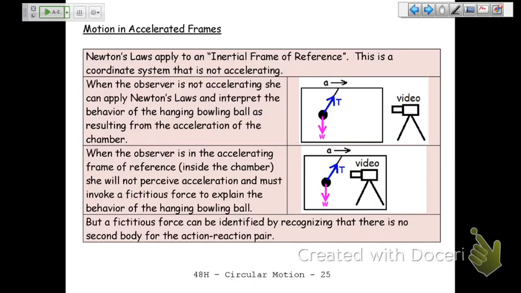You have no idea if that's due to an acceleration in that direction, or it's due to some magnetic force, or some gravitational force. I could just turn on a magnet if it's a metal ball and it would do that. When you're inside the truck, working just based on what you see, you can't tell the difference. And that can lead to some problems.